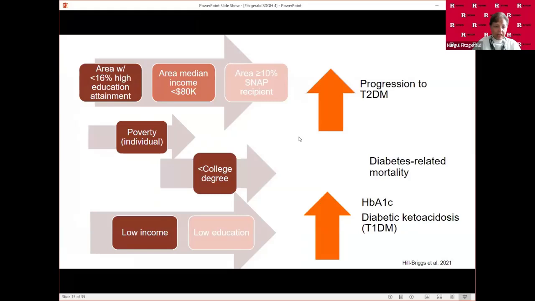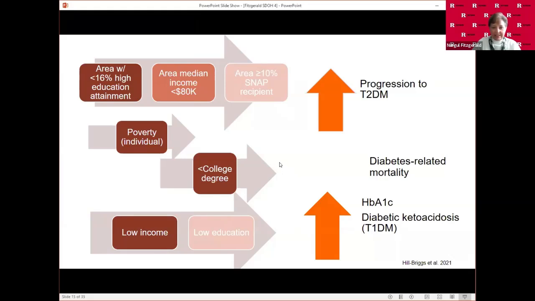Now, I think in the public health arena, we know that there are different measures of socioeconomic status. And what I included here are those different measures, whether you're looking at it by education attainment or by income level or by participation in federal assistance programs such as SNAP, or by poverty level or college education or income by itself.